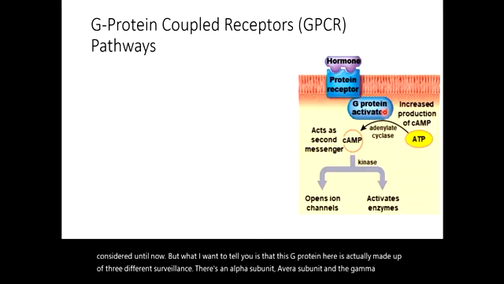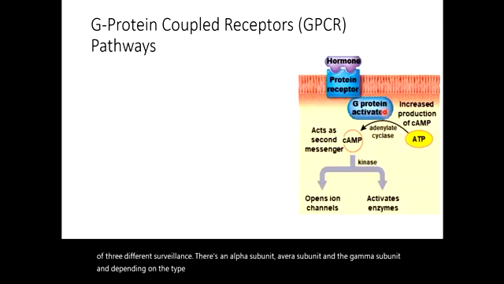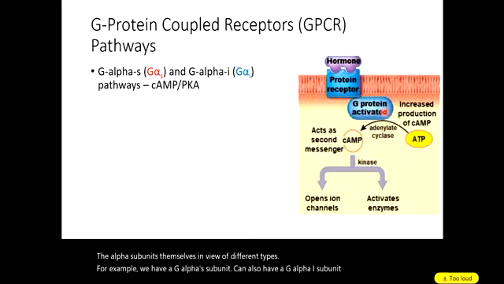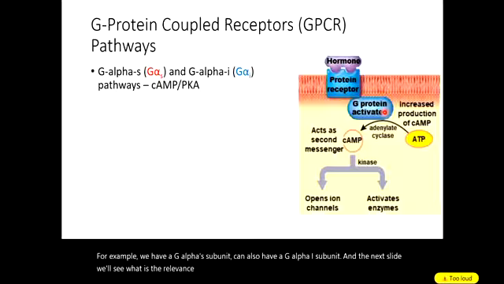And depending on the type of receptors, the alpha subunits themselves can be of different types. For example, we have a G alpha S subunit, and we can also have a G alpha I subunit, and in the next slide we'll see the relevance of a G alpha Q subunit as well.